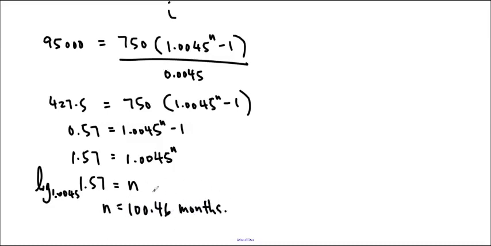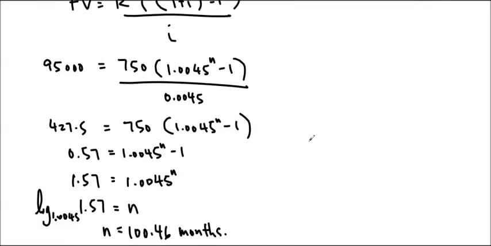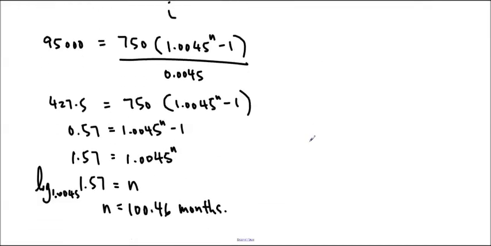So we do want to know how many years it is. Actually, do we? How long will it take for him to save the money to buy his cottage? Yeah, we want to know it in years, so we'll do 100.46 divided by 12, which ends up being 8.37. So 8 years and 4 months.